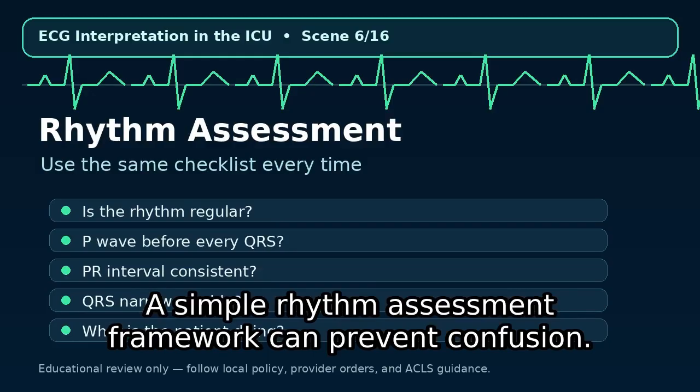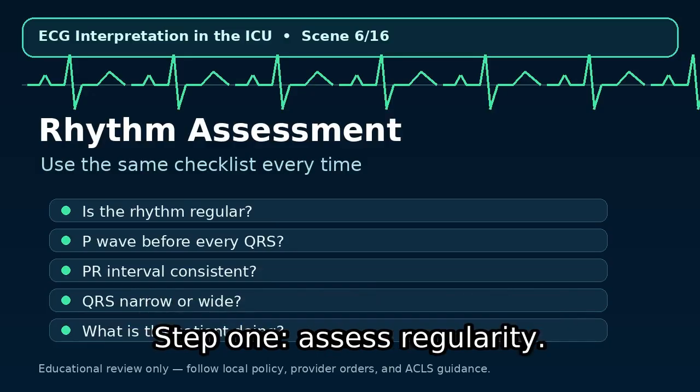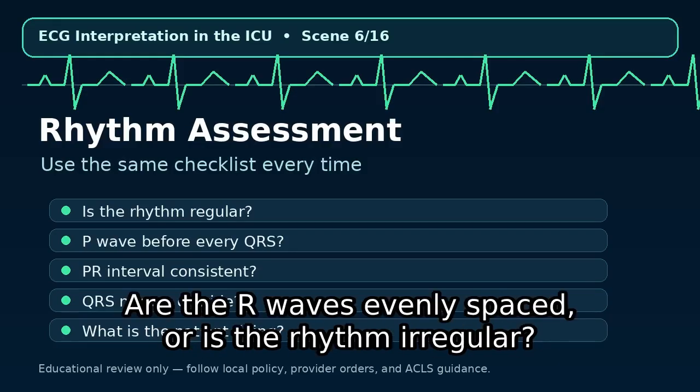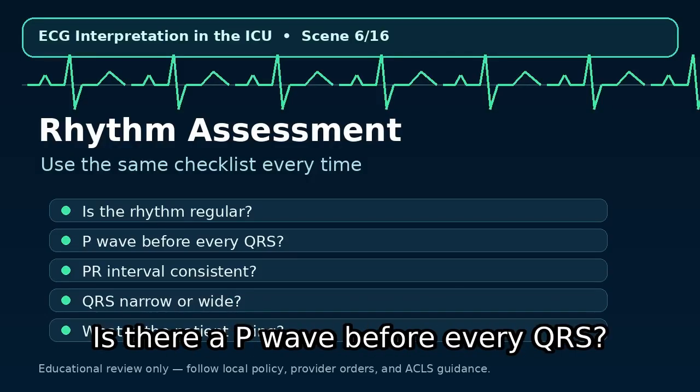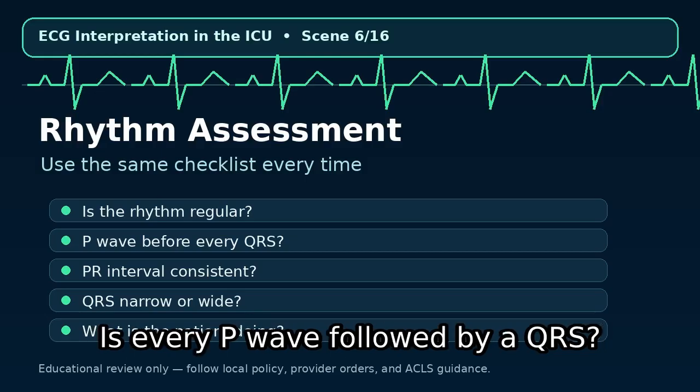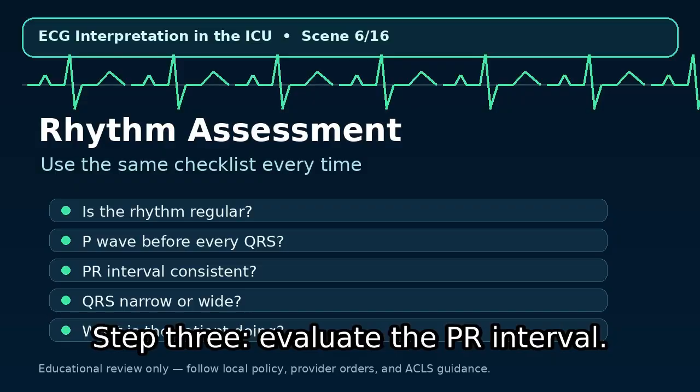A simple rhythm assessment framework can prevent confusion. Step 1. Assess regularity. Are the R waves evenly spaced, or is the rhythm irregular? Step 2. Look for P waves. Is there a P wave before every QRS? Is every P wave followed by a QRS? Step 3.